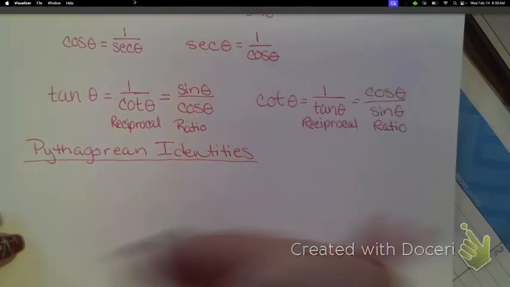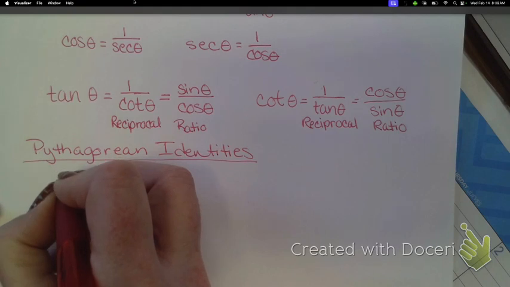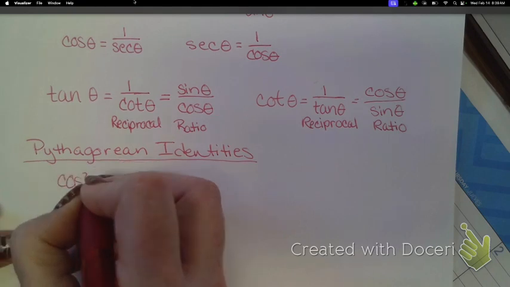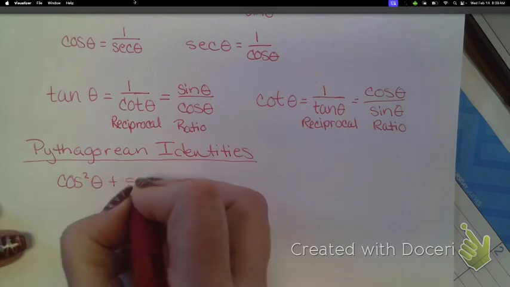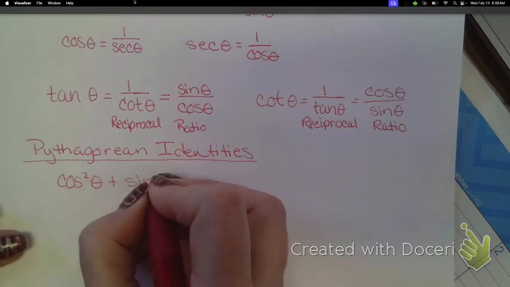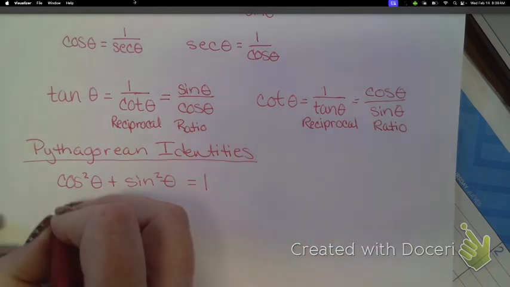Okay, so what's the first one? Cosine squared of theta plus sine squared of theta equals 1.